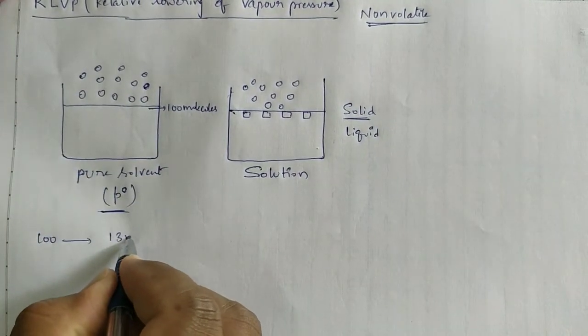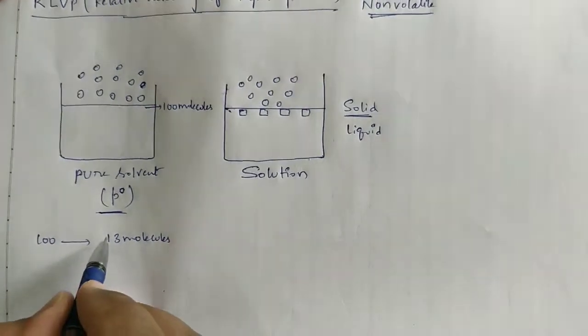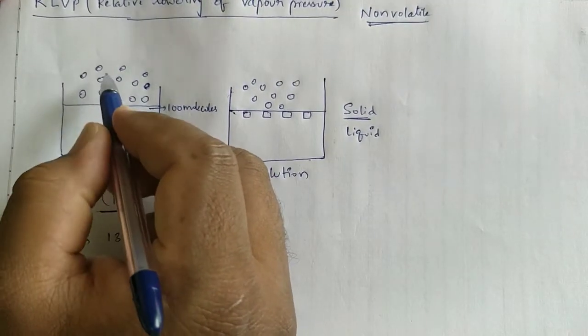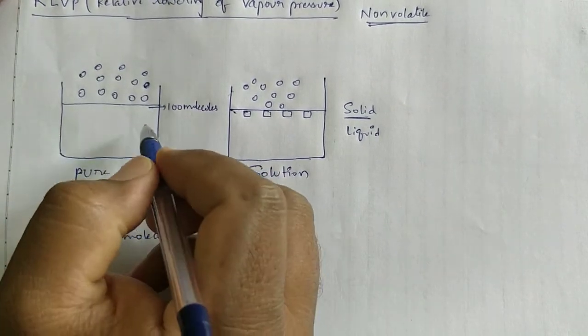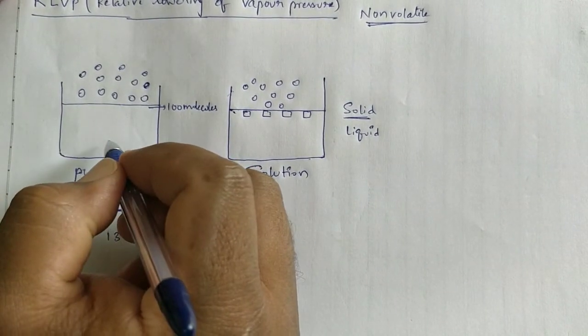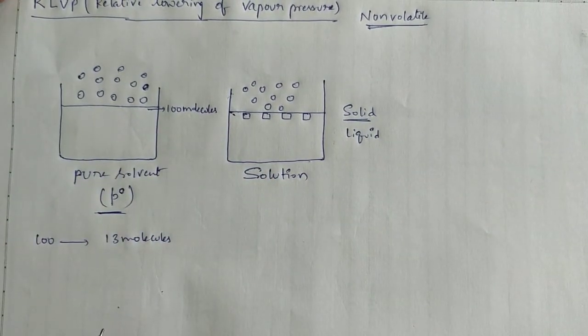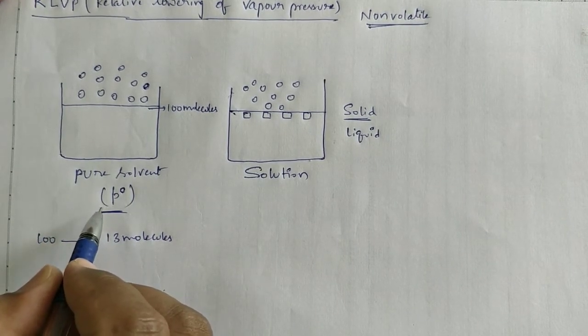Only 13 molecules are converted into gaseous state, and these 13 molecules out of 100 are applying some force on the unit area of this liquid surface. That is called pressure applied by the gases on the liquid surface, which is called pure vapor pressure P naught.